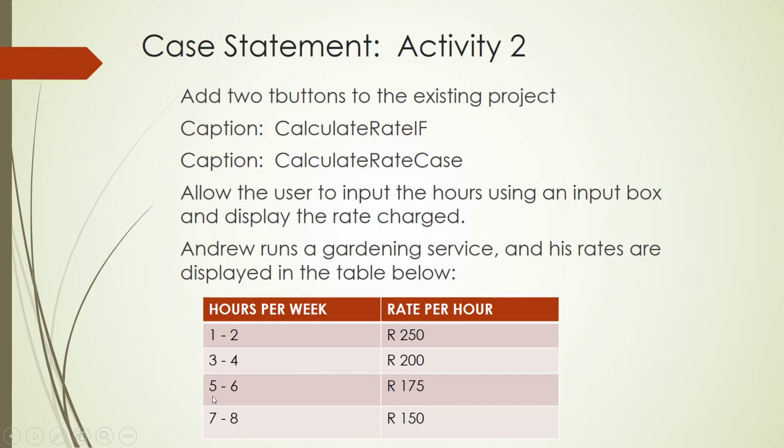If the garden service was between 5 to 6 hours, the charge is 175. And between 7 to 8, both inclusive, the rate is 150. So you're going to add to the existing Delphi program, put on two buttons, and get coding.